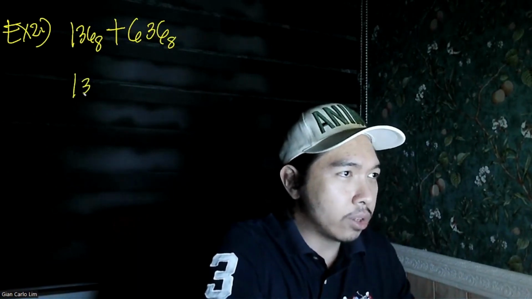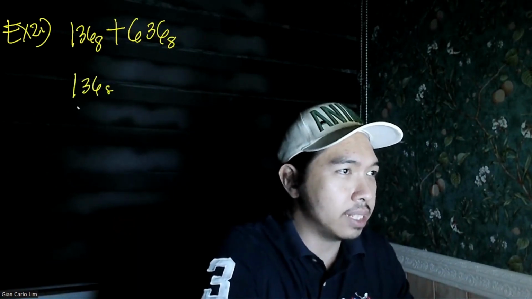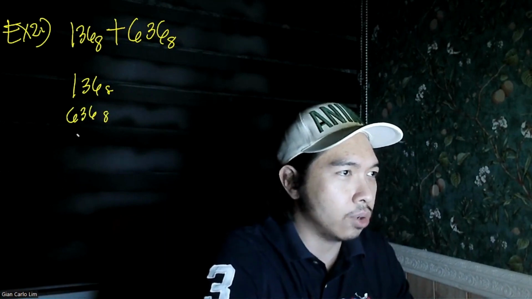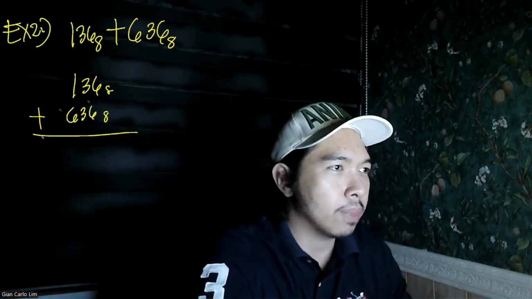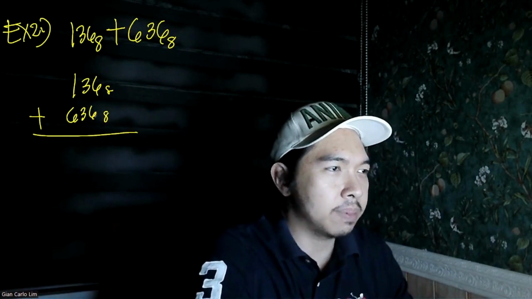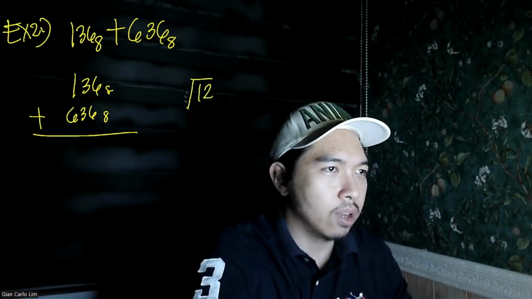So, sa example number 2, so let's have 136 base 8 plus 636 base 8. Okay, so let's add the 2. First step, add like decimal. 6 plus 6 is 12. 12 and 8.